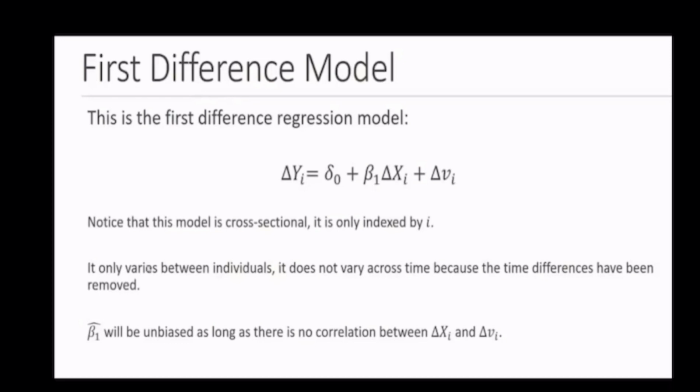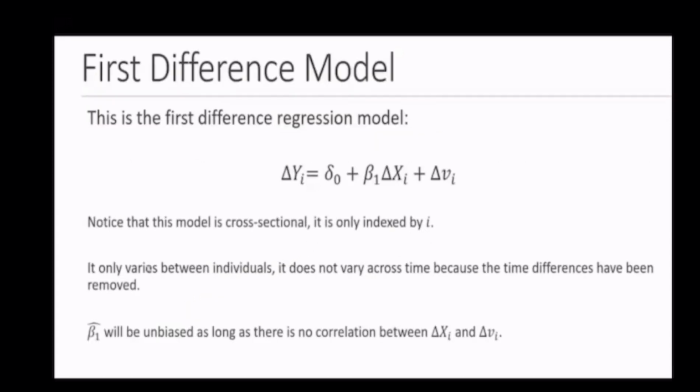Your beta one will now be unbiased, as long as there's no correlation between the difference in years of education and the difference in the error. What causes the correlation is the time. When you collect a data set over time, they will be correlated. You've removed that effect now. That is what we mean by the first difference approach.